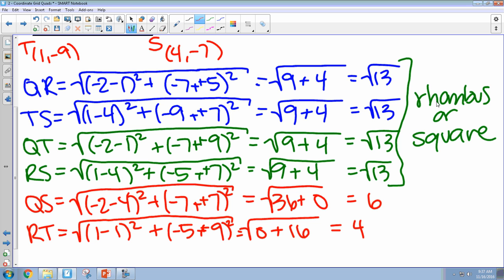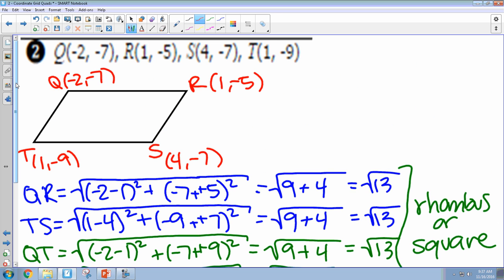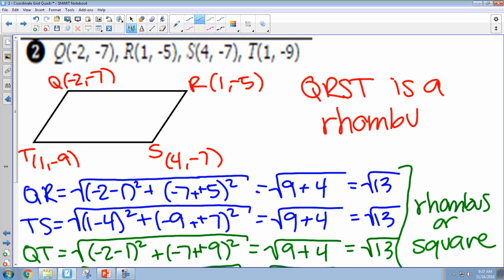What that tells you is that it cannot be a square, because in a square your diagonals are congruent. So your answer is that it is a rhombus. So we're going to go back up here. QRST is a rhombus. Without that, you have not done all of the work. You have to tell me what parallelogram or quadrilateral it may be.